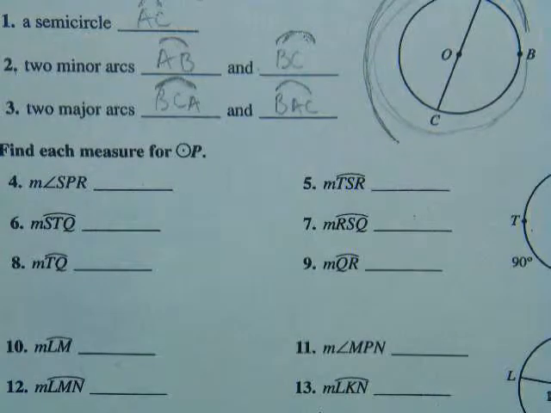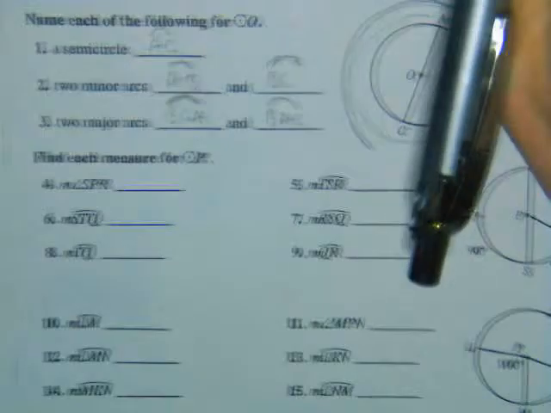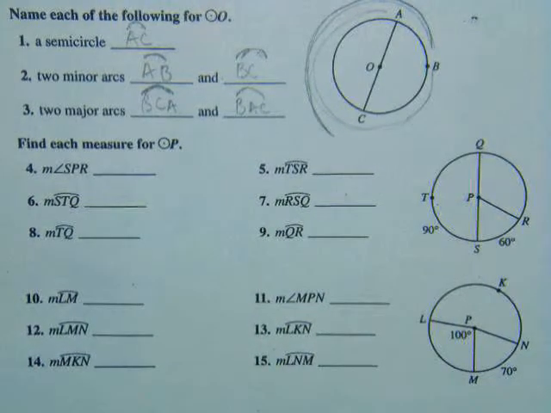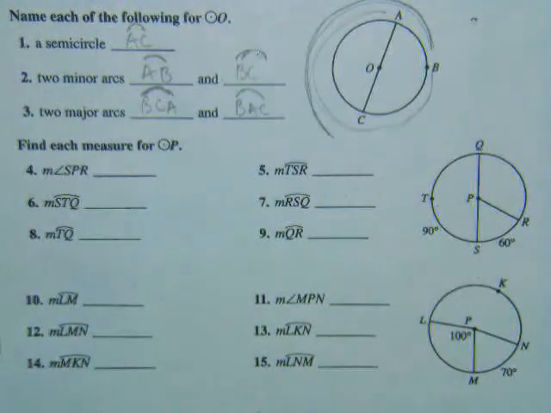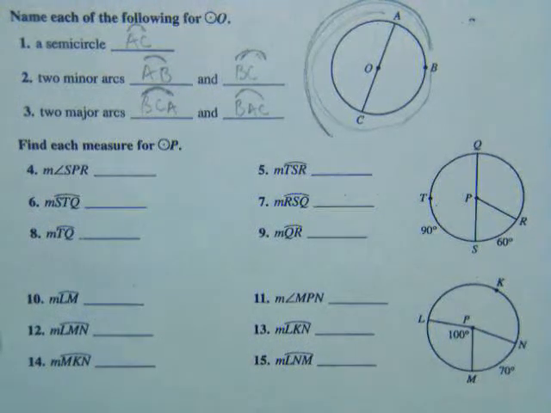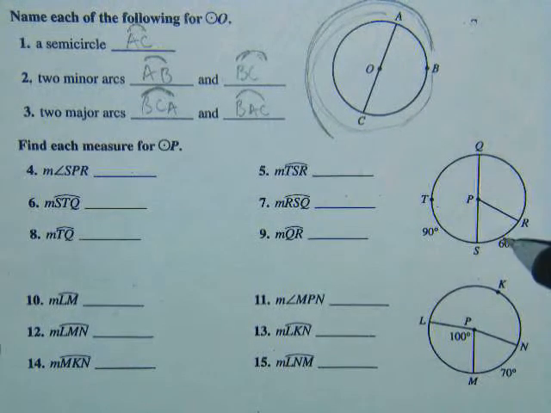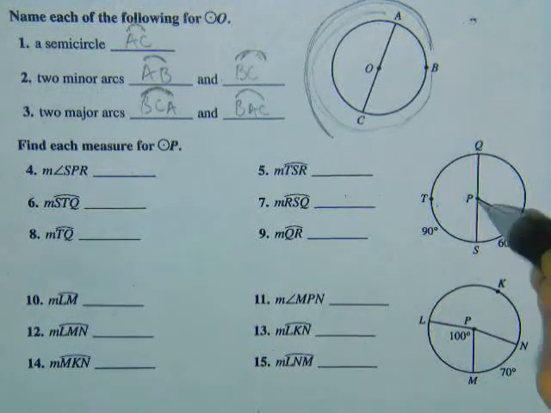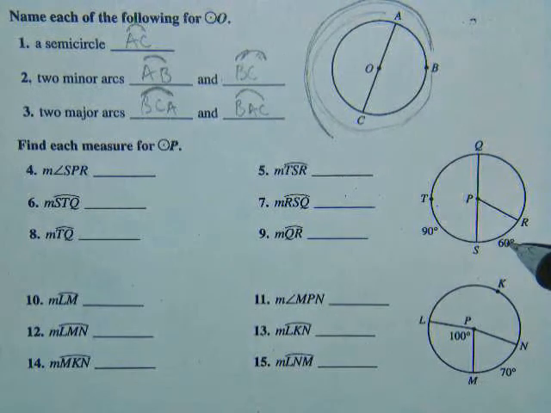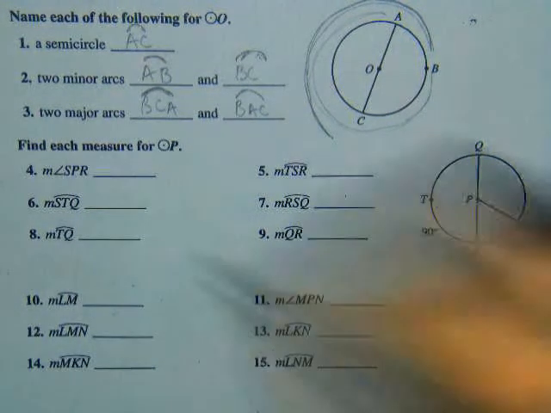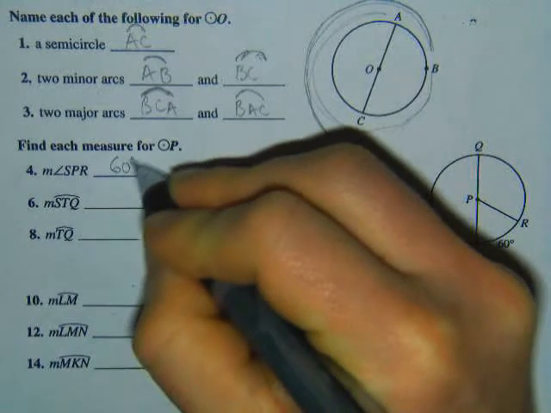Come on down, throw in some measures. Let's zoom out a little bit, hopefully not too far so you can still see what's going on. Alright, so it's really just identify and then fill in what we know. SPR is right there. It's going to be the same as that guy. So SPR is 60 degrees.